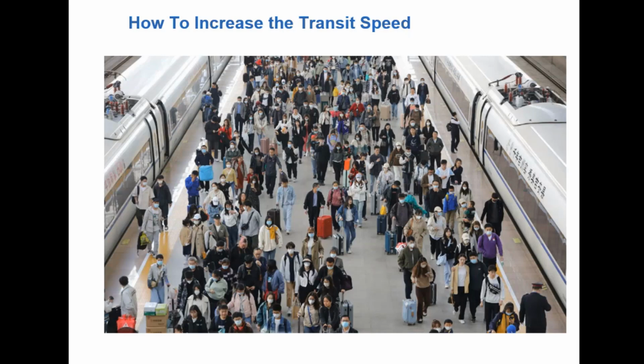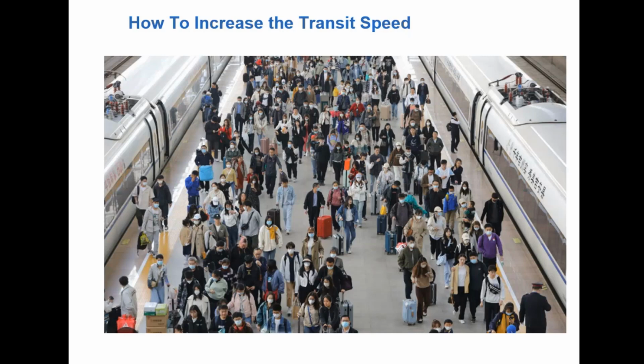In today's session, we will try to understand how we can increase the transit speed, such as what we need to design within the vehicle, how we can increase the performance, and how we can design the intersection.